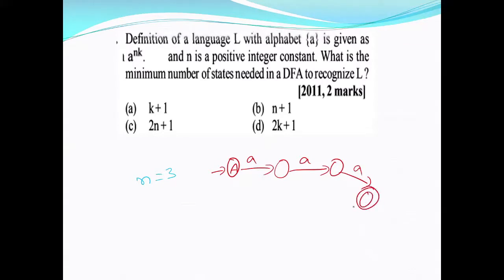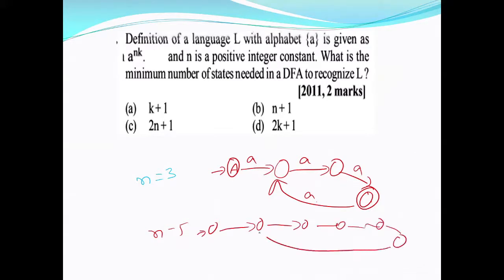It can be 6 A's also. So if you get one more A, 4 A's, 5 A's, 6 A's. It can be 9 A's and so on. If it is 5, you will get something like this. 1, 2, 3, 4, then 5 A's, then 6, 7, 8, 9, 10 and so on.